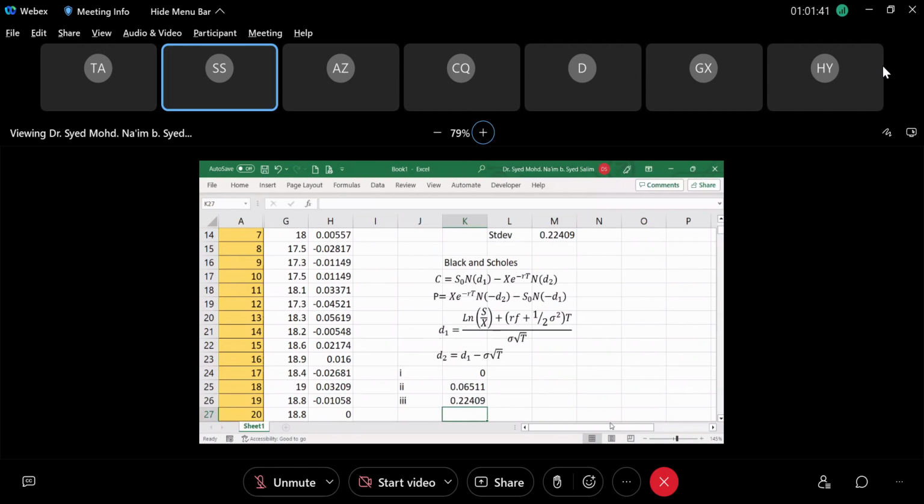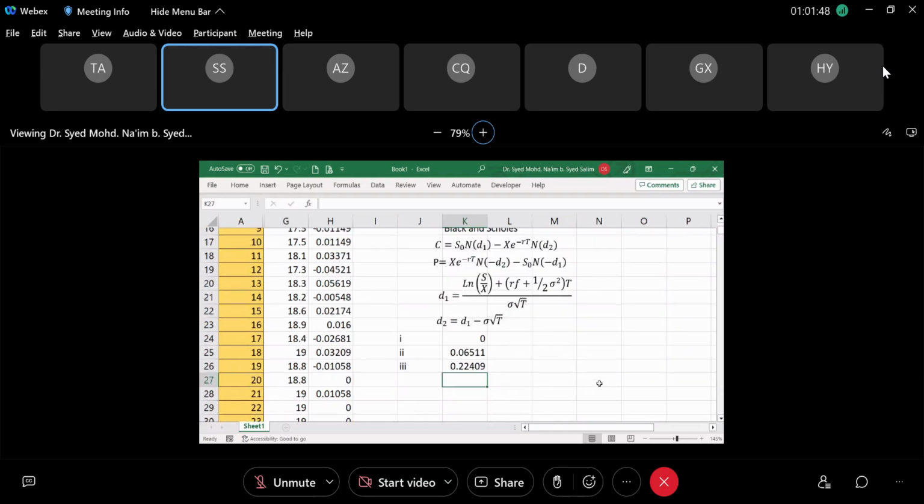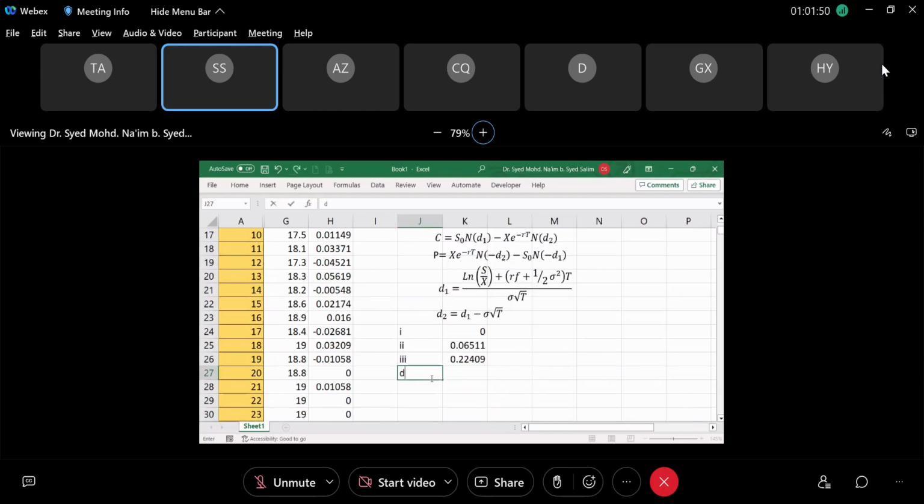So t is supposed to be 1. So we have the 3 parts here, and find d1.